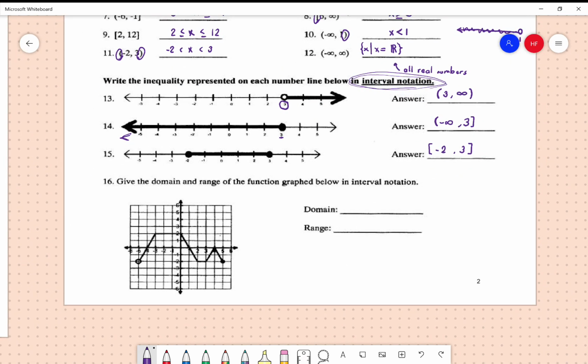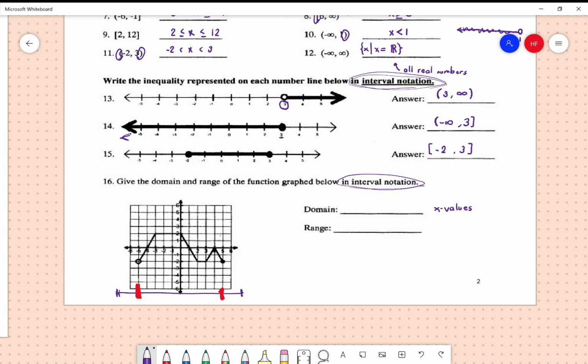Number 16, give the domain and range of the function graph below in interval notation. So interval notation is what we were just working in. So the domain is all my x values. For my domain, I'm looking left to right. So looking from the left to the right, I see that it starts here and it ends here.